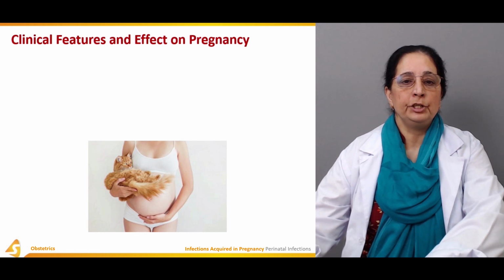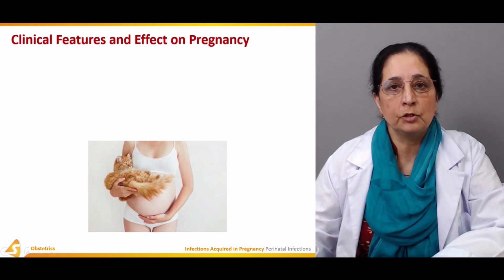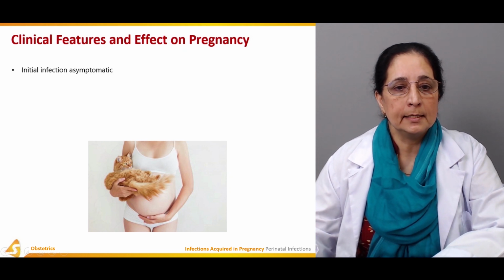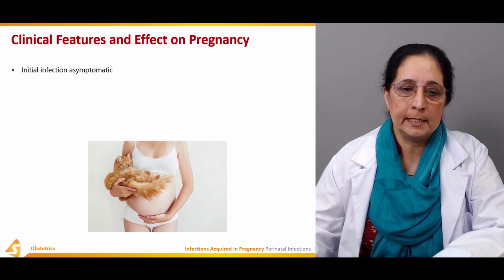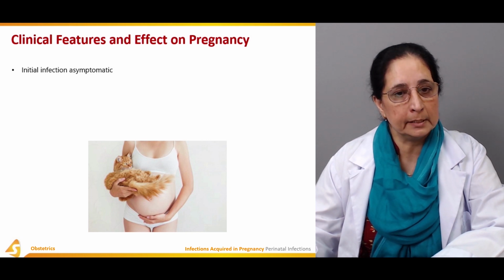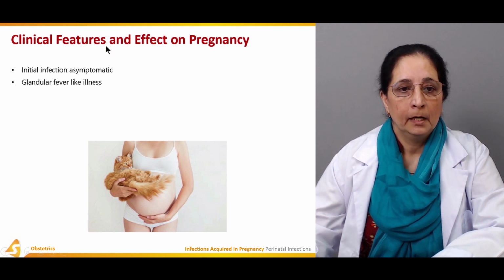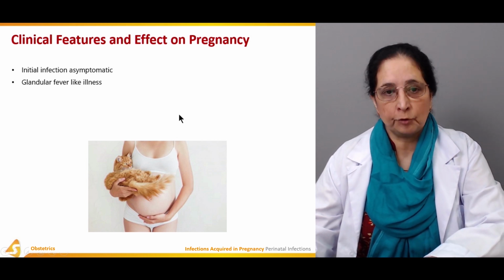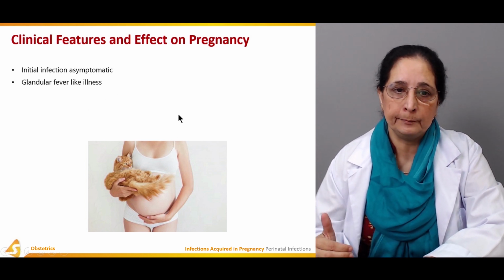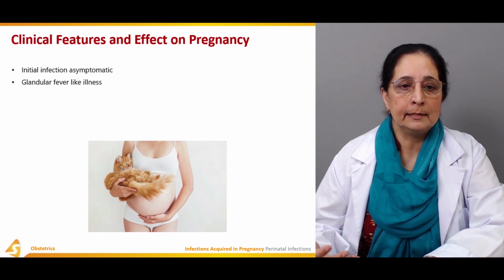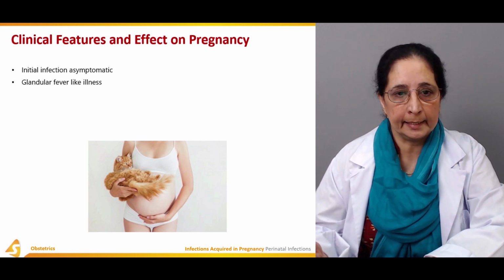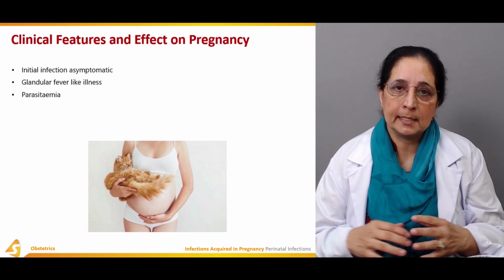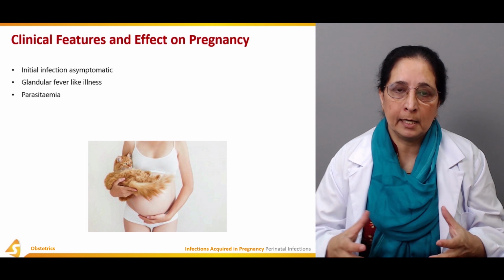The clinical features and effects of toxoplasmosis on pregnancy. The initial infection is asymptomatic, no symptoms are present. Later on there is a glandular fever-like illness. Then parasitemia: the parasite spreads to the blood.